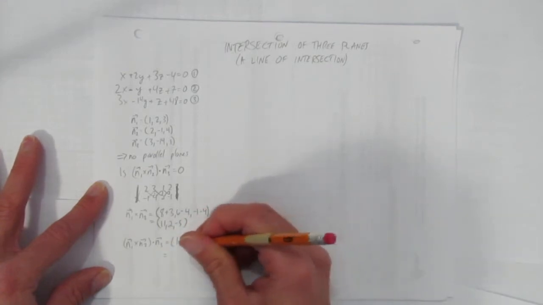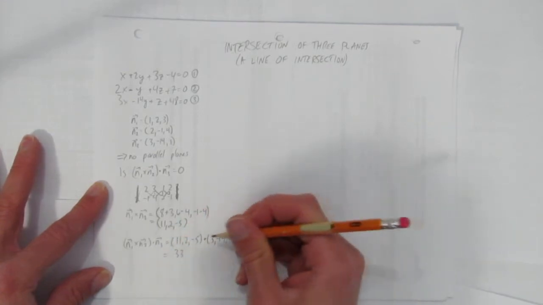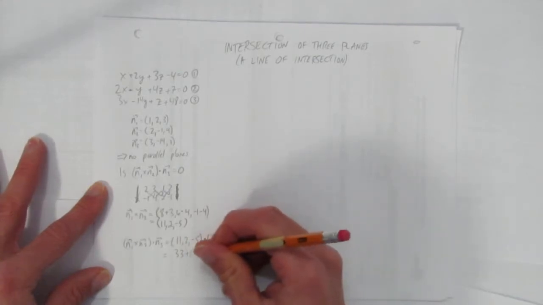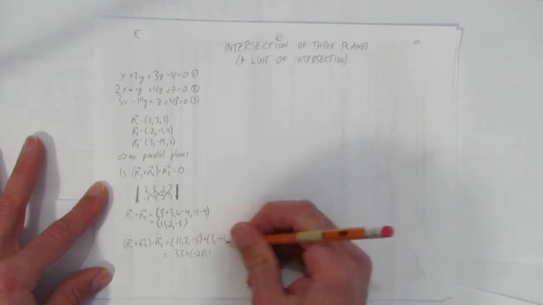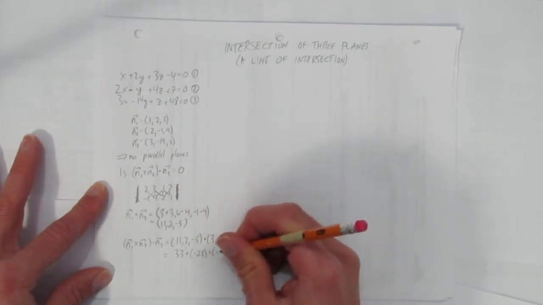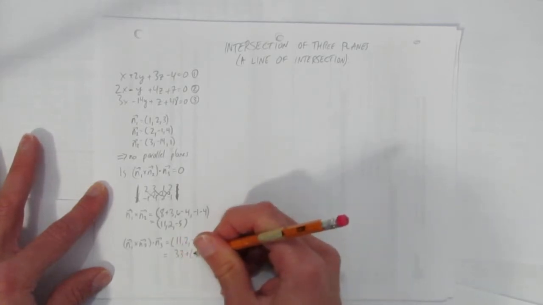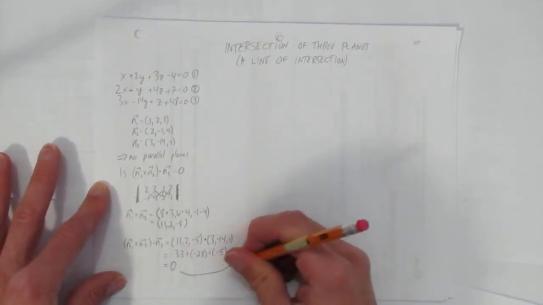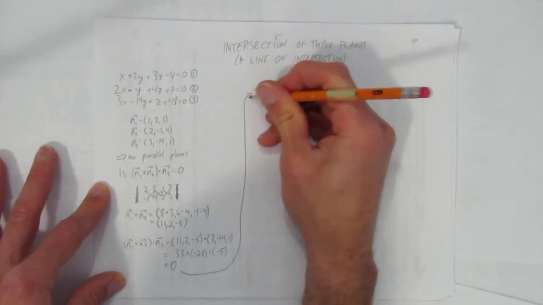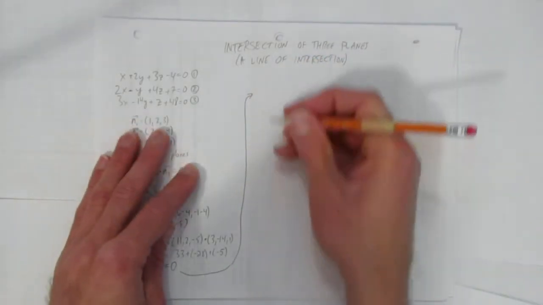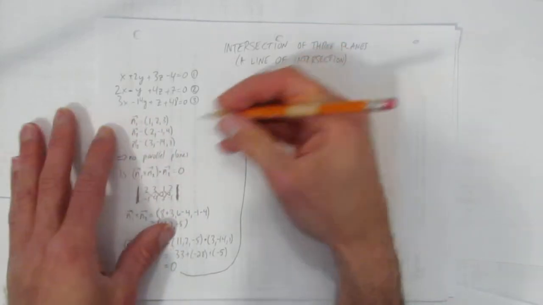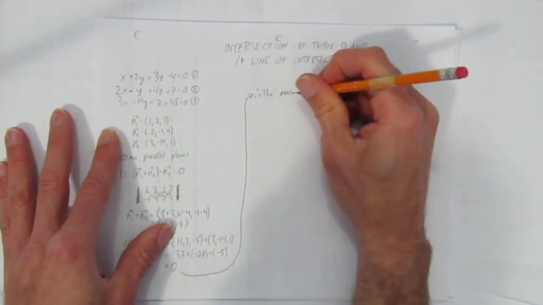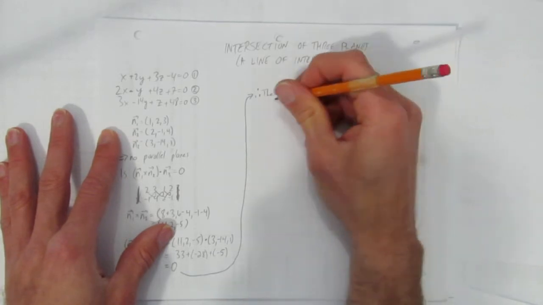So dot product gives me 11 times 3 is 33, plus 2 times negative 14, that's negative 28, plus negative 5 times 1, that's negative 5. And of course 33 minus 28 minus 5 will give you 0. Very interesting. We've got that triple scalar product is 0. So what that means, you can write therefore or implies, the normals are coplanar.